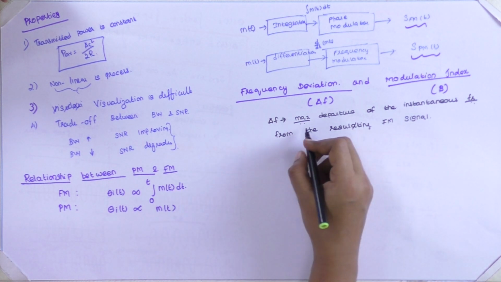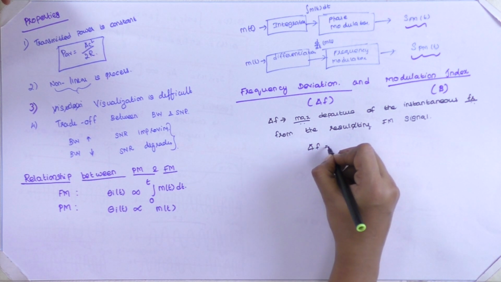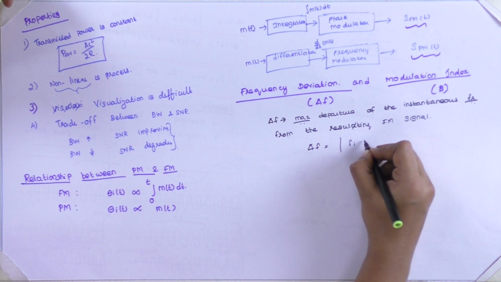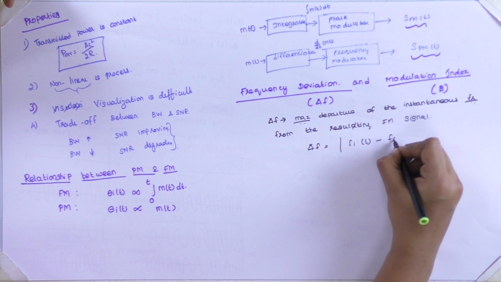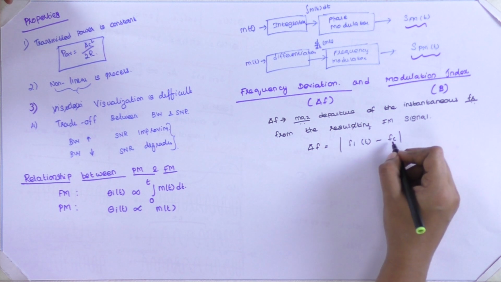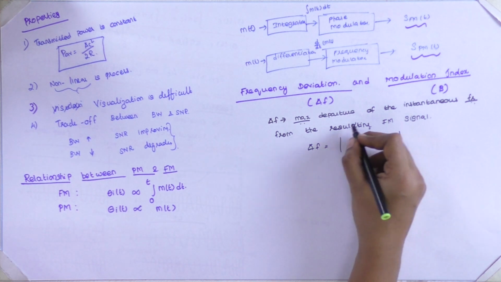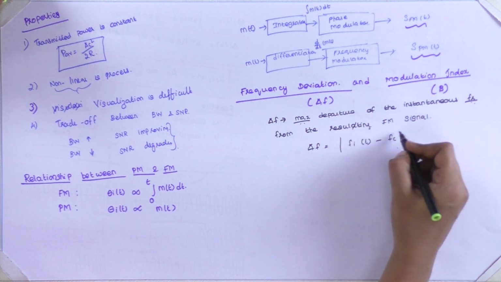It is referred to as delta f. That is, in terms of equation, delta f is equal to f_i of t minus fc. How much our unmodulated carrier frequency is deviating from the instantaneous frequency of the modulated signal.